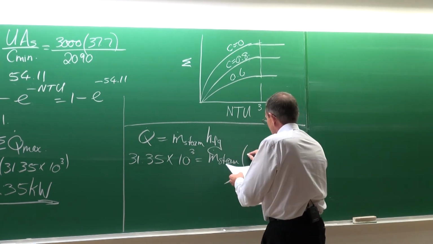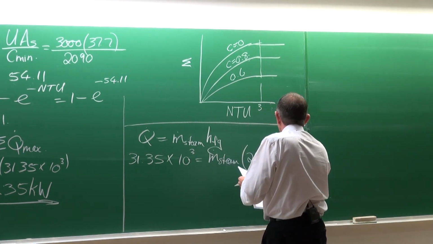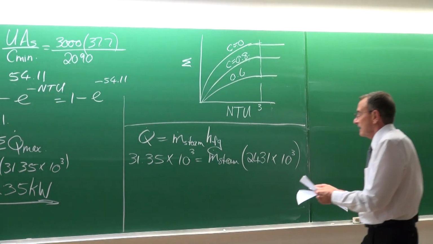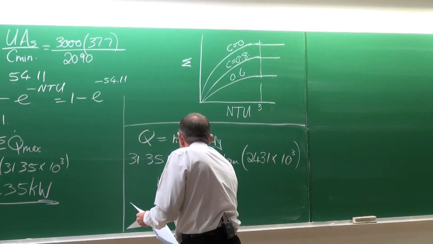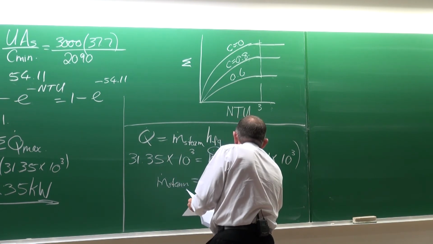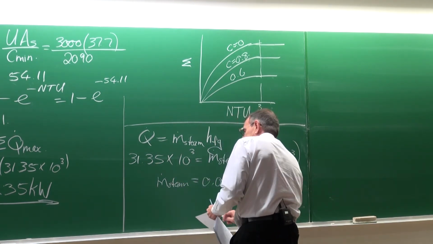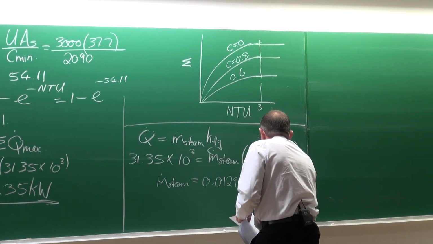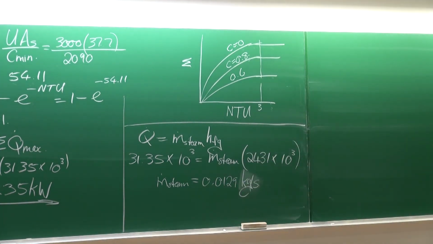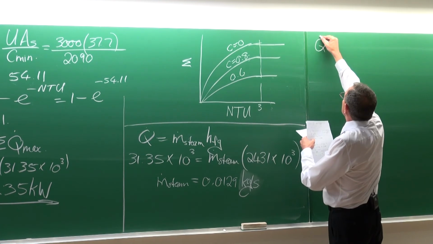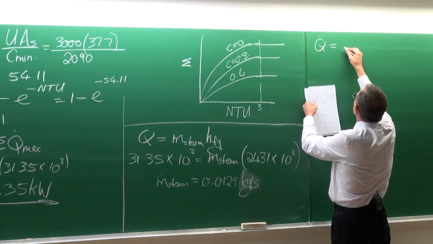The hfg value is equal to 2431. Take note, it is kilojoules, so it is multiplied by 10 to the 3, and then we can calculate the mass flow rate of the steam, and that would be equal to 0.129 kilograms per second. It's not an engineering answer, but you can multiply it by 3,600 to get it in kilograms per hour. But there's the value.